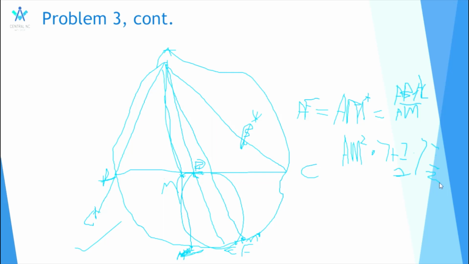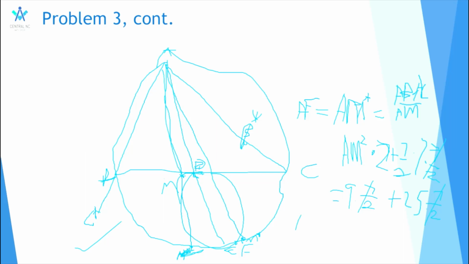Sorry about that. Oops, blue on blue. Now we're going to divide by 7 over 2. And this becomes 2.